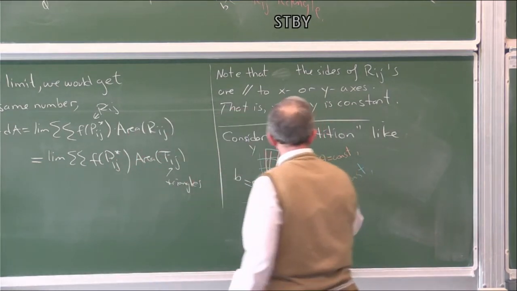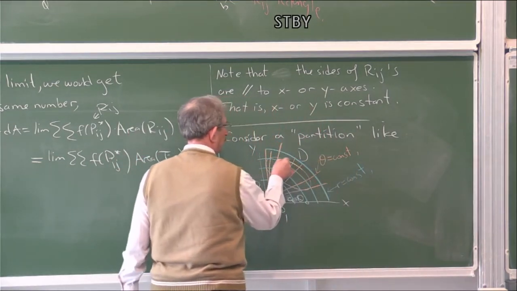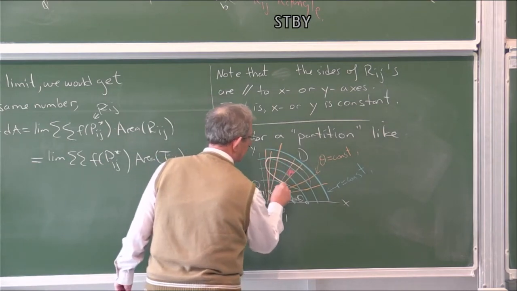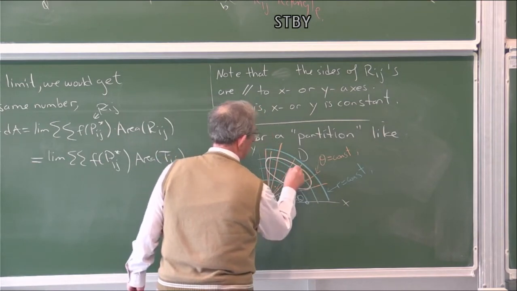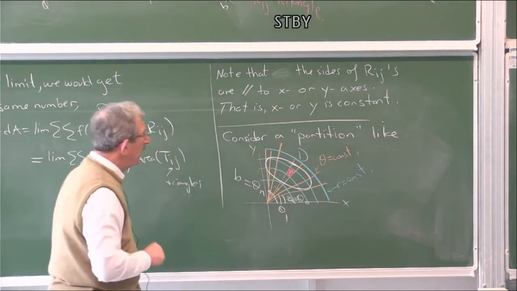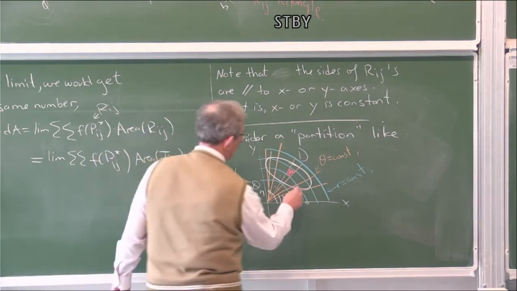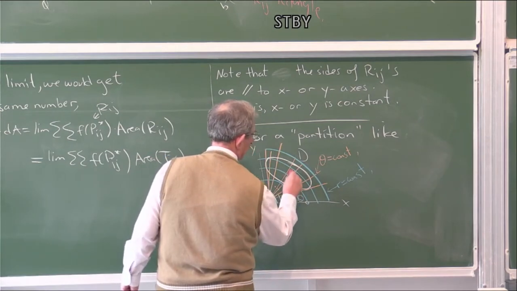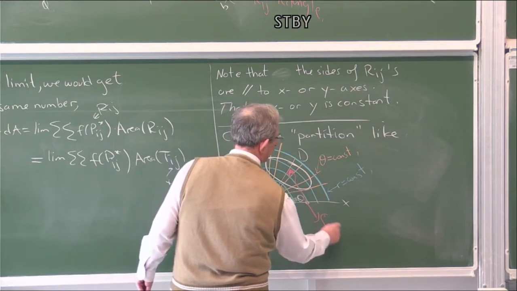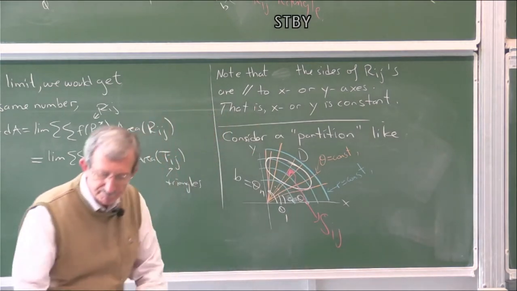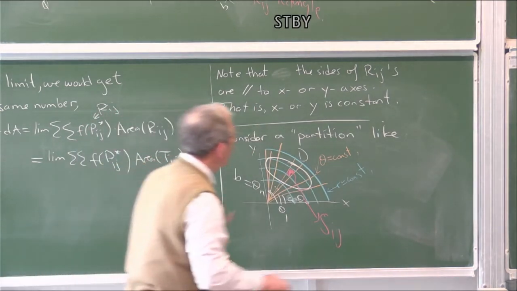So, let me make this a little bit bolder so that we can see what's happening. This is our D. And we have one piece which could be called S_ij. So now we have the following.